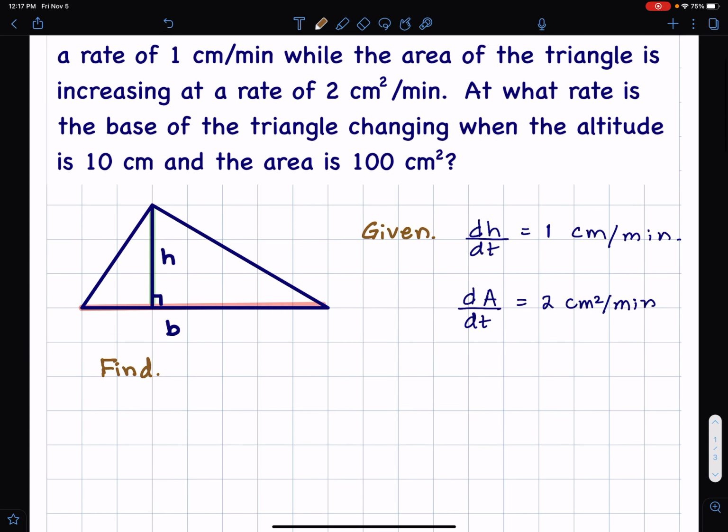Let's write it down. So put this in calculus language. We're trying to find db/dt, the rate of change of the base with respect to time, when the altitude h is 10 and the area is 100 centimeters squared.